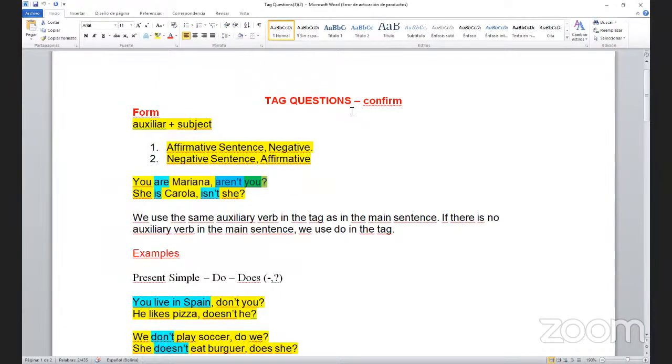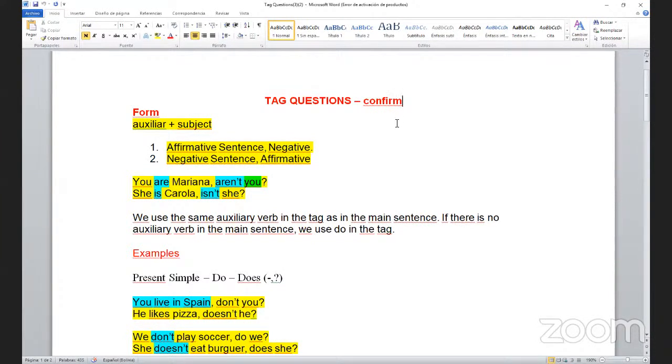So we use the tag question to confirm something, and we can use tag questions in every tense: present, past, future, present perfect. We can use them with everything.